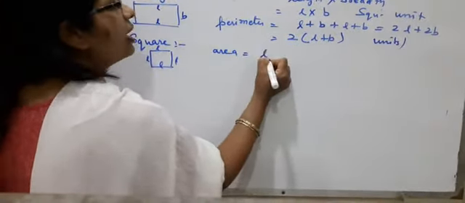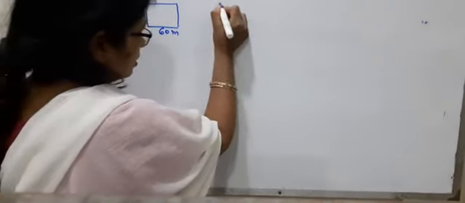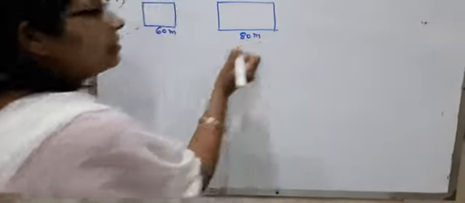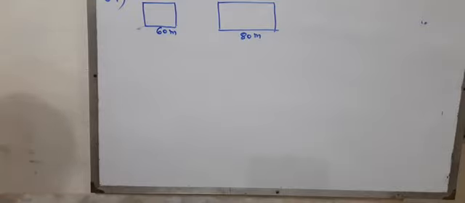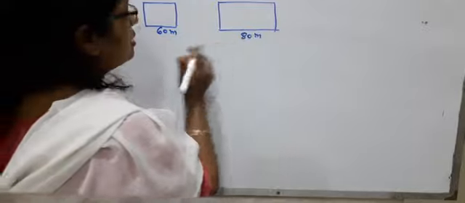In this diagram given, square of side 60 meter and rectangular field of length 80 meter. Perimeter of both figures is equal.